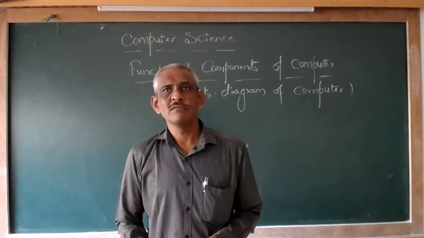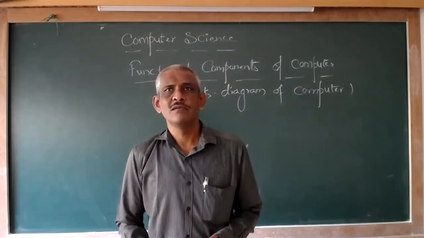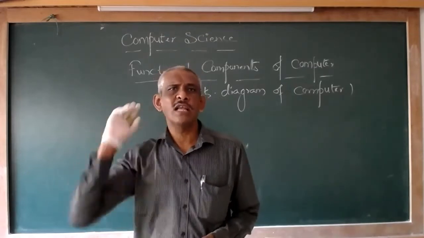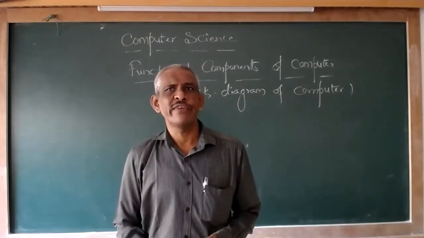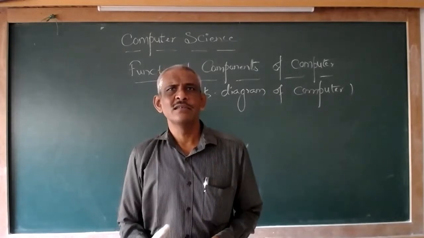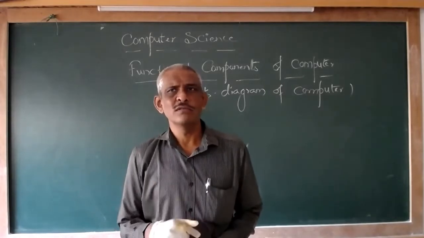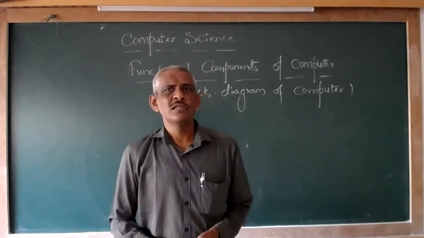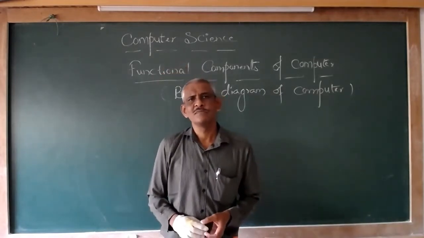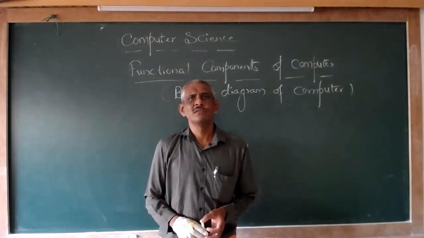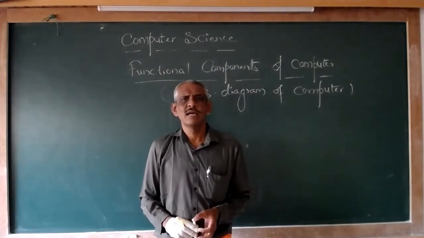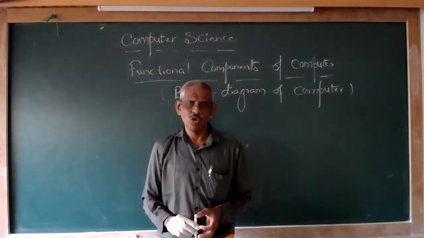So based on the functions of the computer, the functional components are broadly classified into, some will say 4, but I'll go with 3. Number one is called input, the second is process, and the third is output.